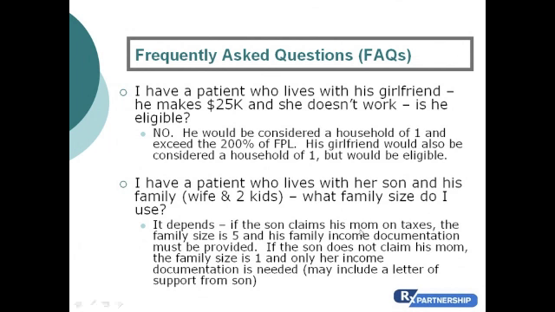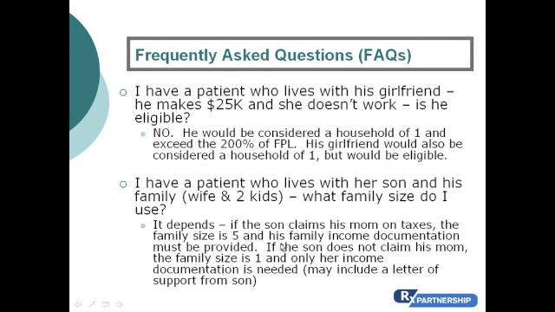But if the son doesn't claim the mother, the family size is 1, in which case she's living with him. He may provide a letter of support showing how she's living, and then that would go into the file as her documentation of her 0 income or her limited income.